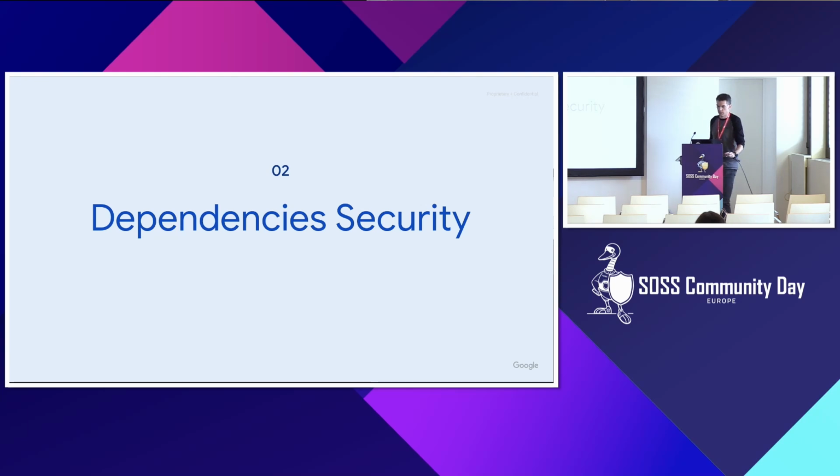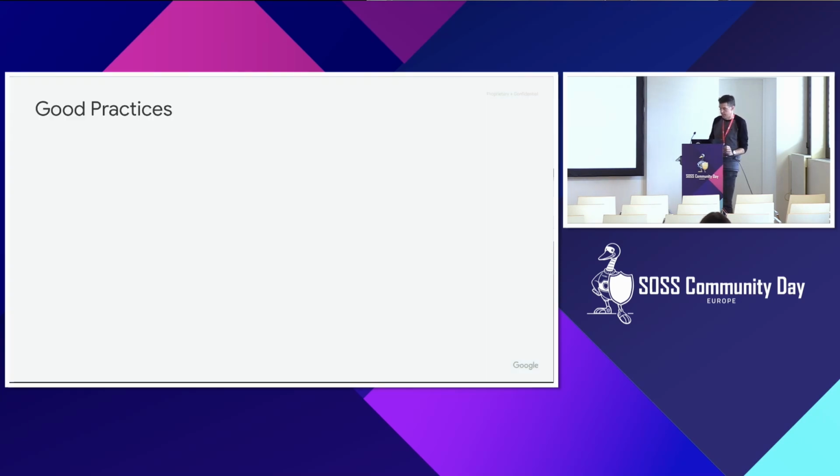Let's move to dependency security now. First, what are some good practices in Go? There are many dependencies from a variety of sources. We pull data from GitHub mostly, but sometimes also from mirrors and stuff like that.